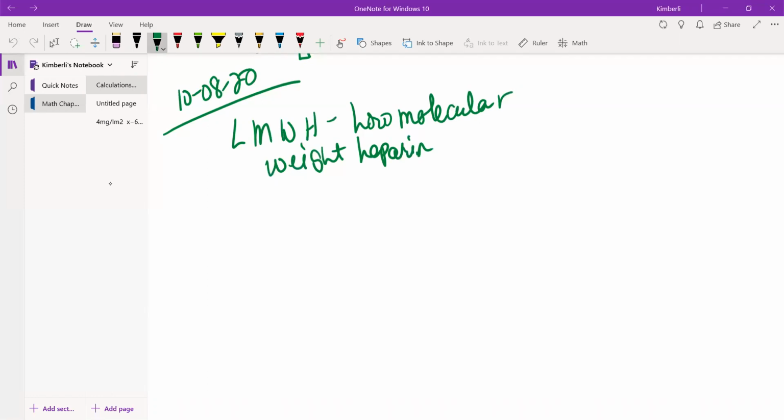LMWHs are low molecular weight heparins, and it refers to the chemical weight of the drug using the chemical formula. These are drugs that don't have the name heparin. They might have something like enoxaparin. The brand name on that one is Lovenox. So you might come across that later, and I wanted to make sure I talked about that a little bit.